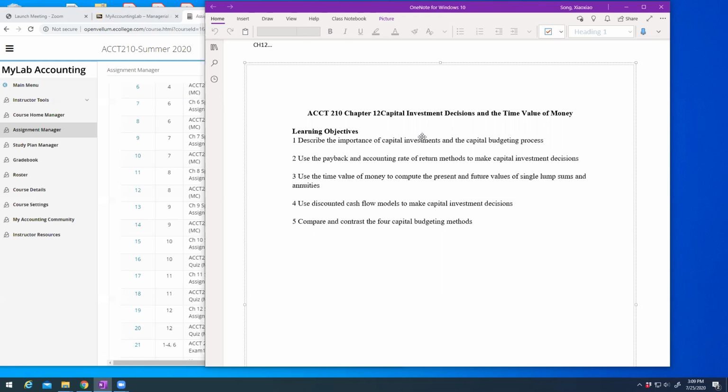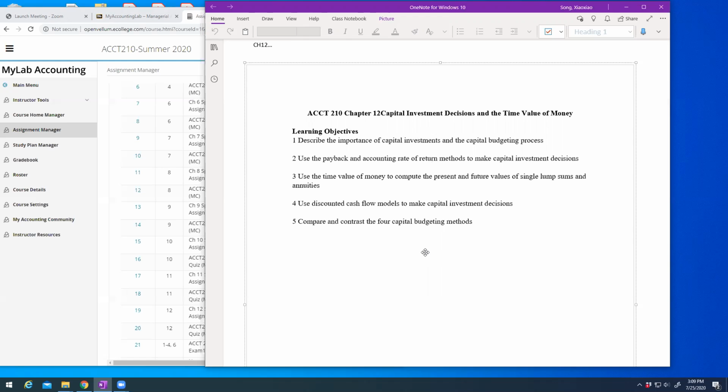Therefore, we suggest using the net present value method and also the IRR, internal rate of return method. You definitely will have a question for the NPV part, for the IRR part, for the present value part.